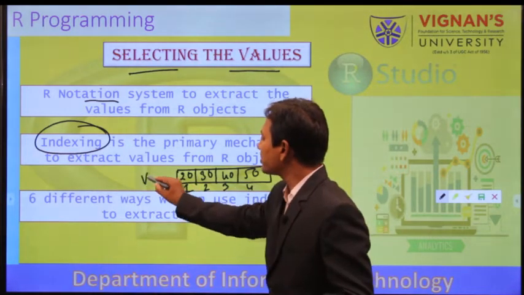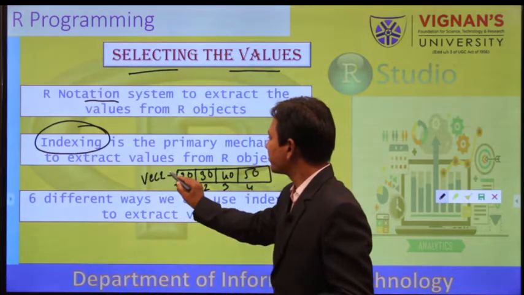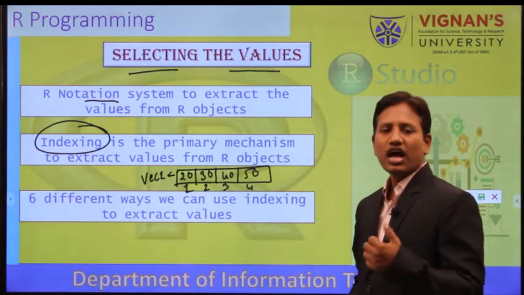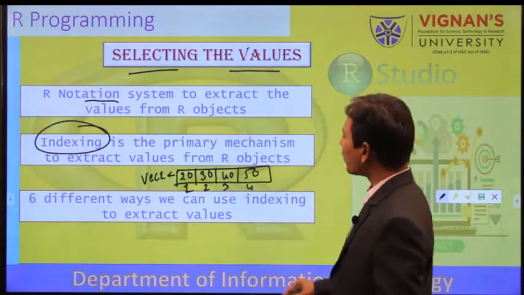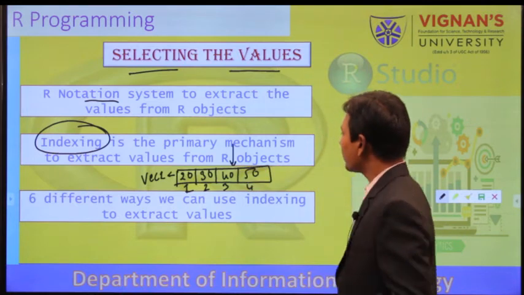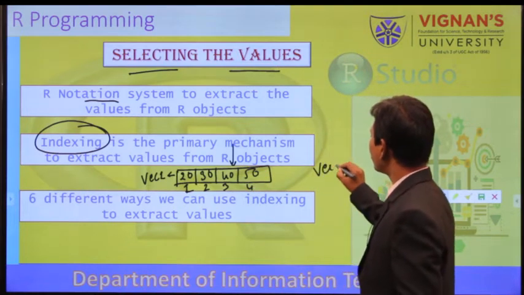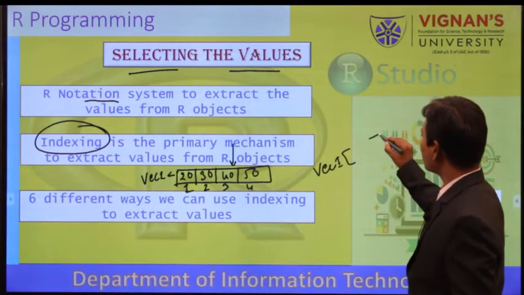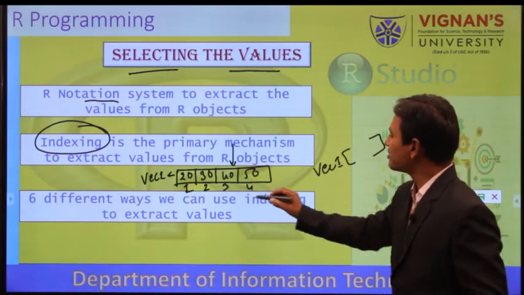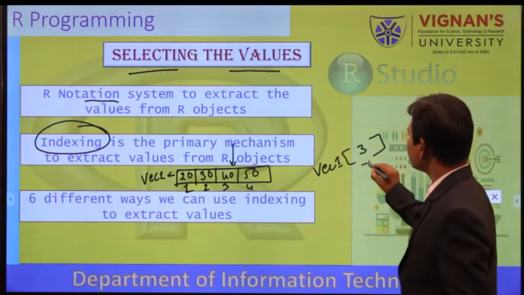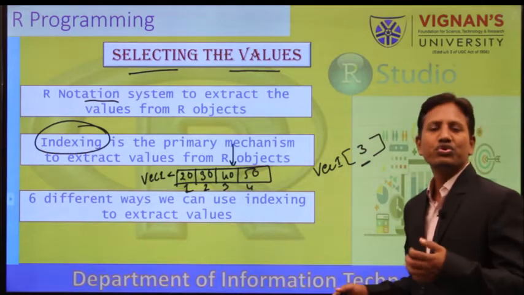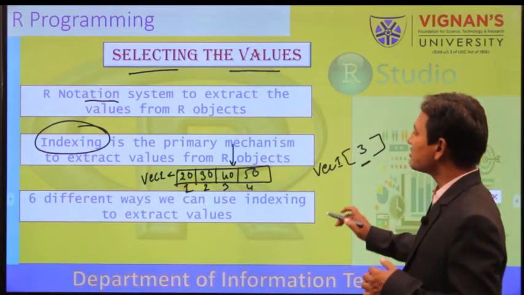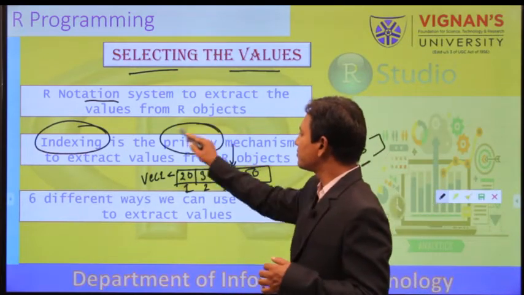Assume that its name is vec1. Now the point is how we are going to select the values. If I want to select this value 40, I write vec1 and in square brackets I put the index value, that is 3. This is the way I use indexing to select the values, and this concept is the primary mechanism.